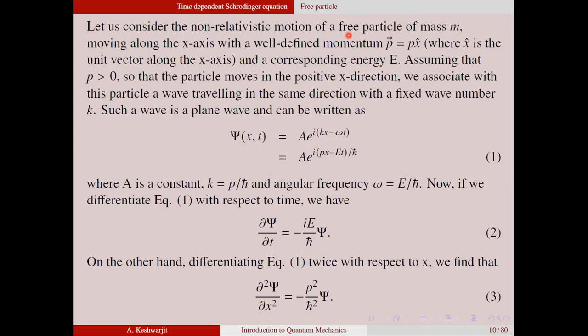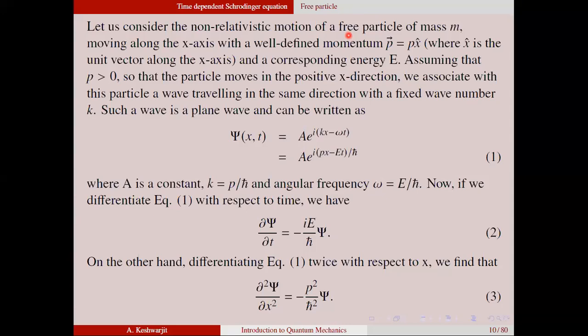Next question is why zero? Constant potential, and that constant potential can be taken to be zero for simplicity. When I say potential, I mean potential energy.